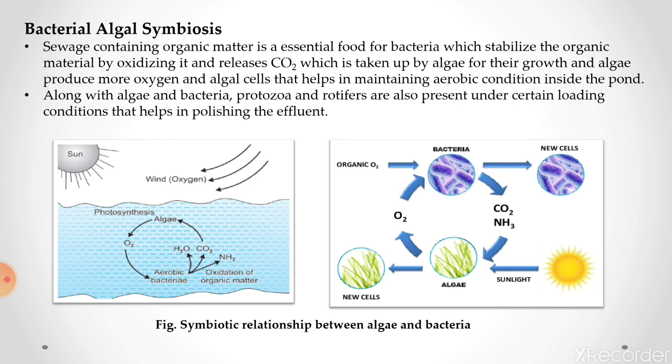Algae, as they contain chlorophyll, in presence of the sunlight during the photosynthesis produce a new cell mass. They take up the carbon dioxide and ammonia produced by the bacteria, and they release the oxygen, and the oxygen will be taken up by the bacteria.